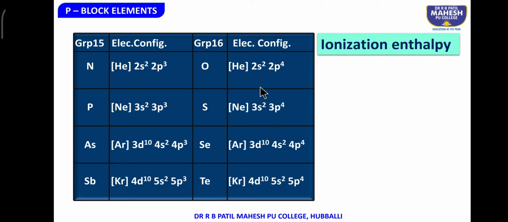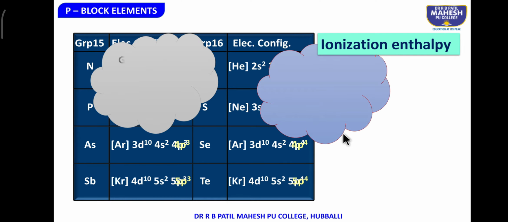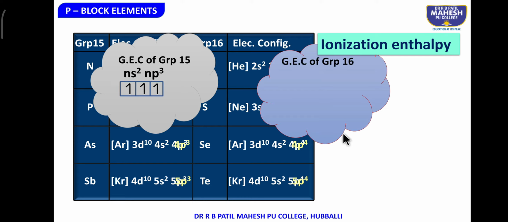So, what we have in group 16? We have p4 electronic configuration. The general electronic configuration of group 15 is ns2 np3, so half filled, more stable. Whereas the general electronic configuration of group 16 is ns2 np4, it is not half filled, hence less stable.